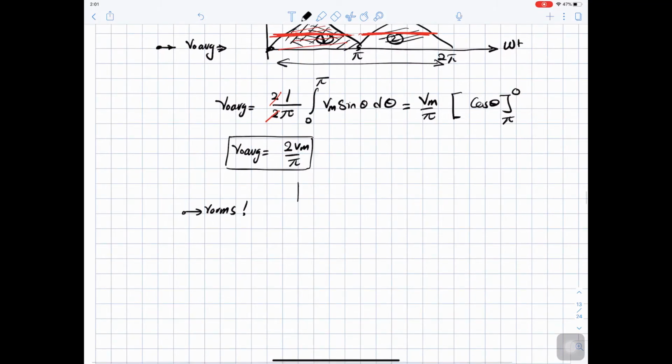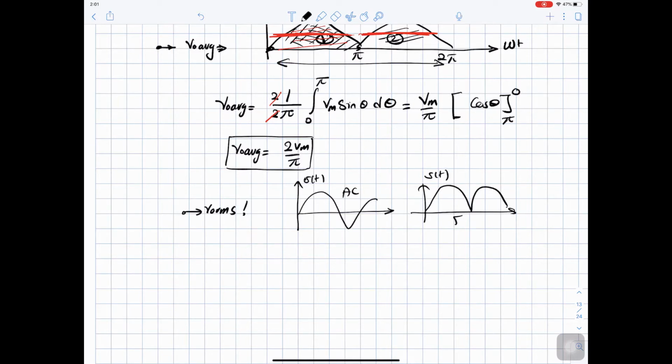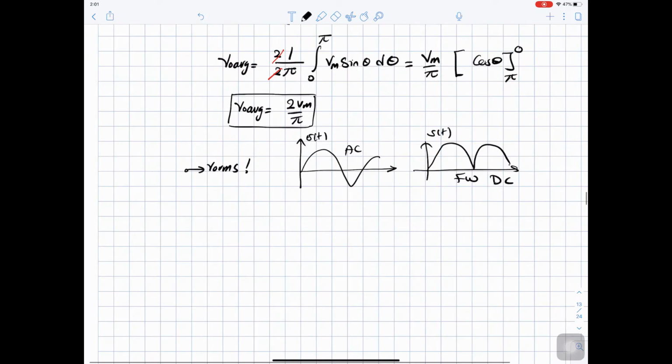we will do it, but if you compare the sine wave V of t as an AC sine wave, and the full wave rectified V of t, full wave DC, you can see when you square this, it will be this wave squared, and when you square the negative, it will be positive squared.